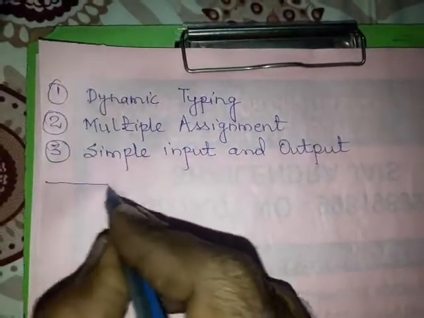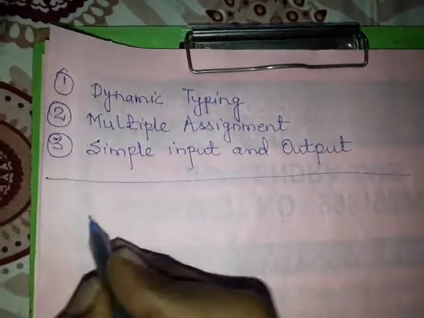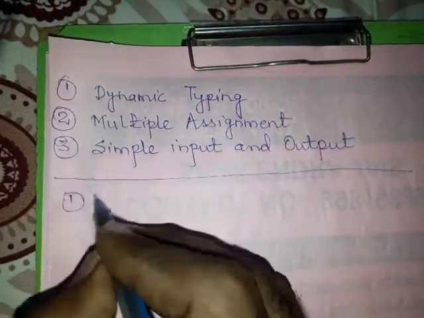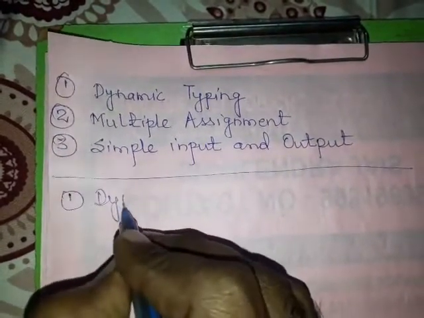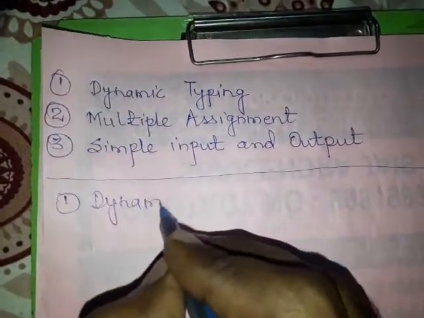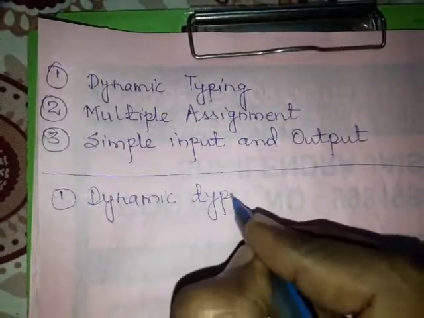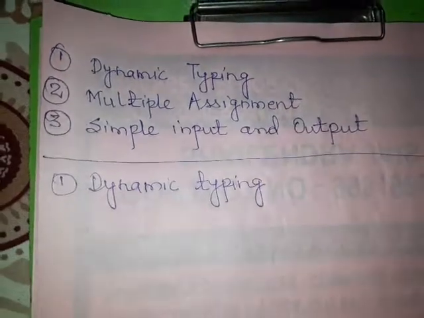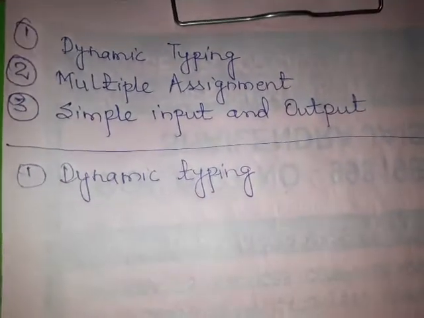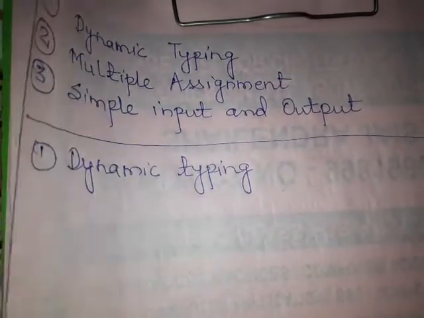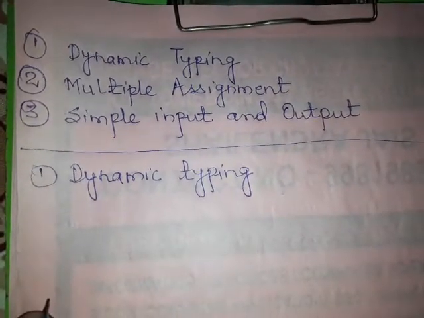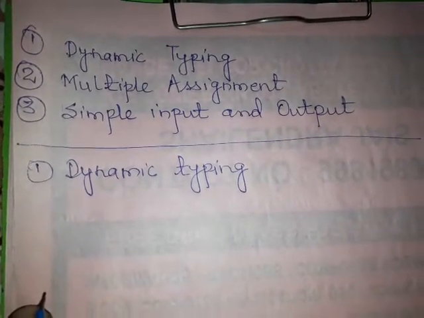We start with our first topic, which is dynamic typing. Dynamic typing is the ability of a programming language to change the type of variable during runtime.